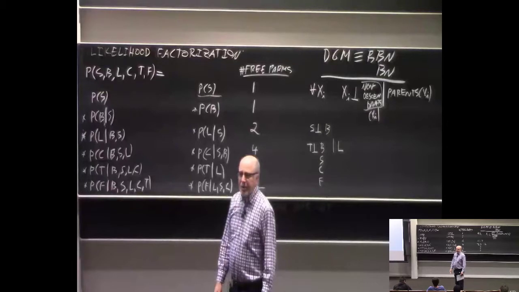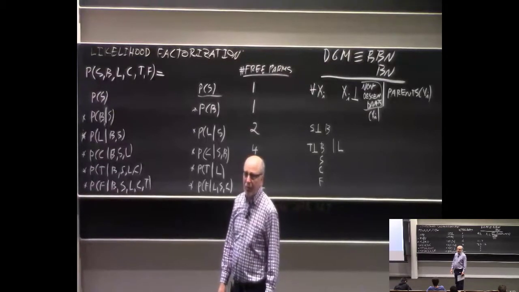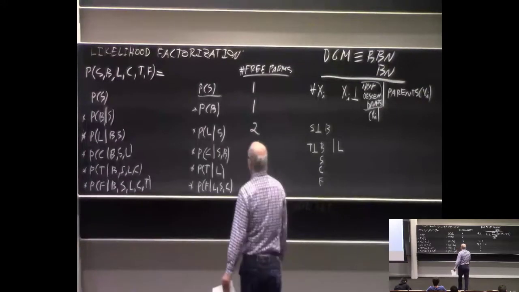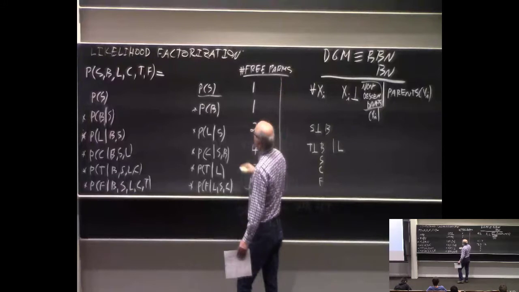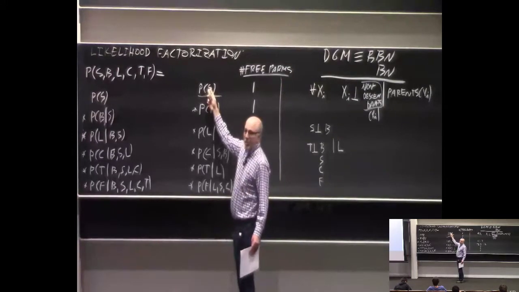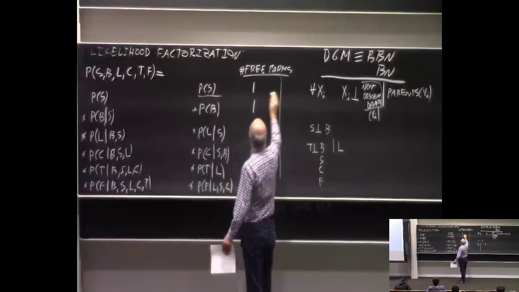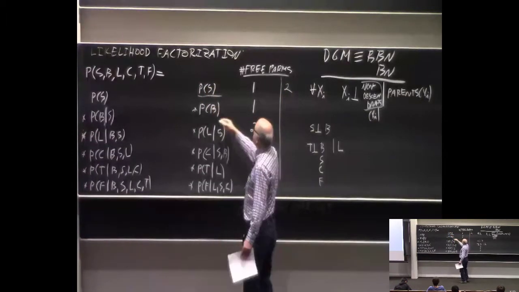What happens if these covariates are not binary? Let's say they're tertiary. Every one of them can have 3 values. How many parameters would we need here? 2. How many parameters here? 2.